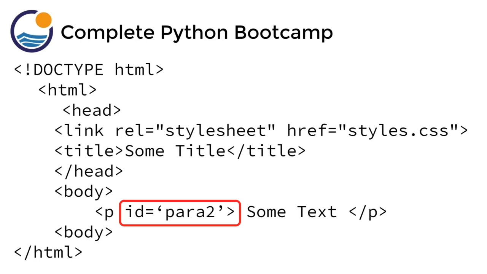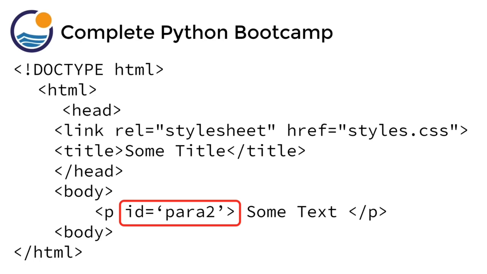And para2 is an ID call inside the CSS file. And so now that this paragraph tag has a connection to id equal to para2, it's going to grab its style choices from the para2 ID inside that .css file.